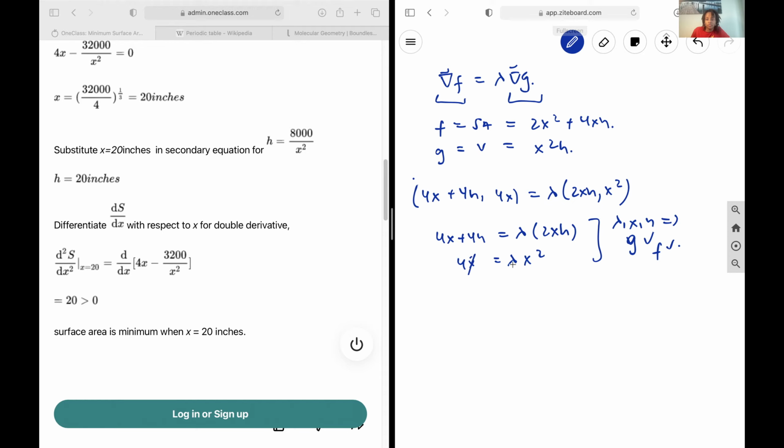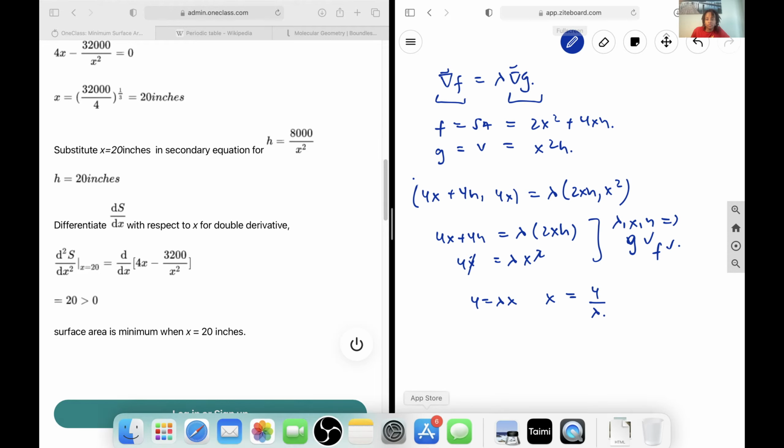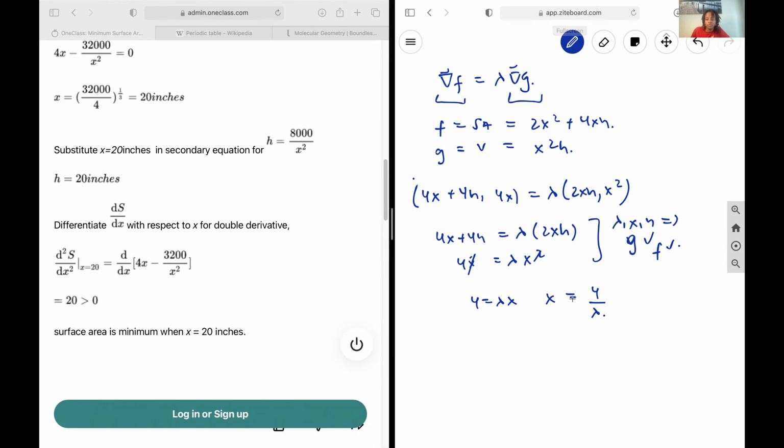And so we can do that by isolating for x here, to get 4 is equal to this by x, which means x is equal to 4 over that. Sorry, alternatively we can isolate for our multiplier. So this is equal to 4 over x. And then you're going to plug that into what you have up here.